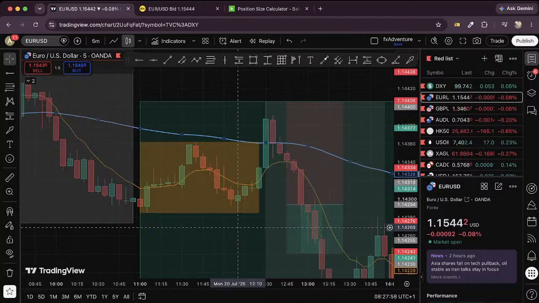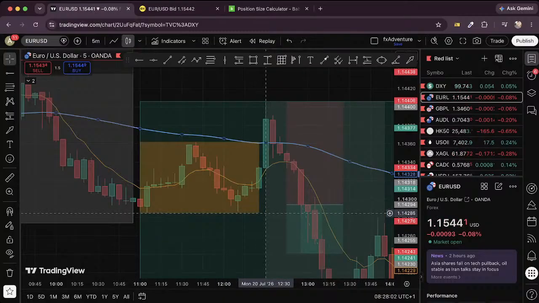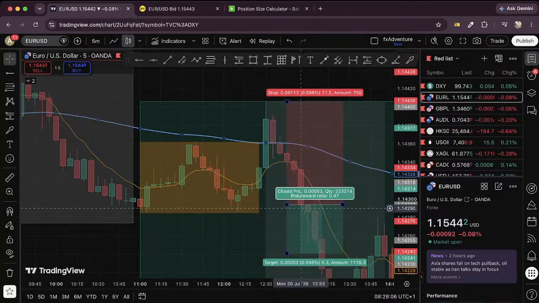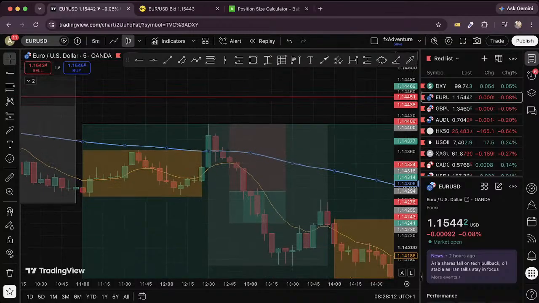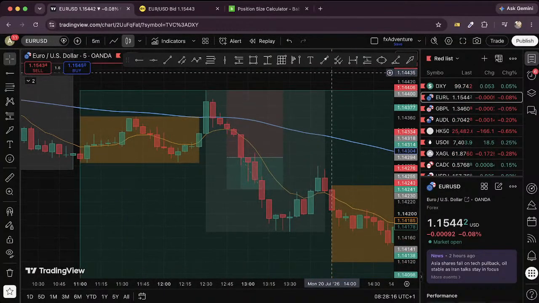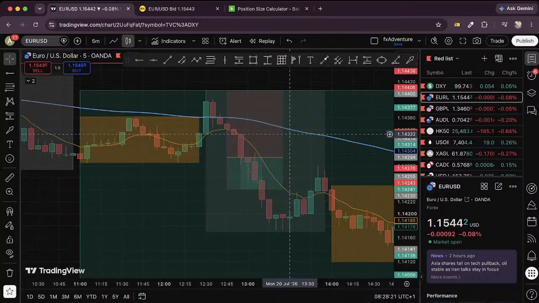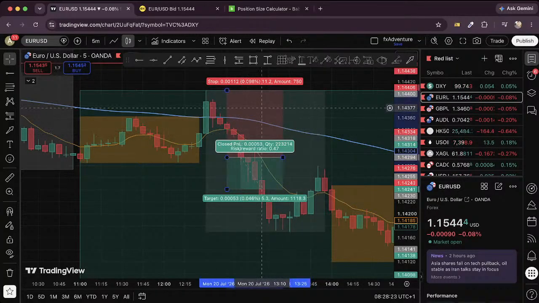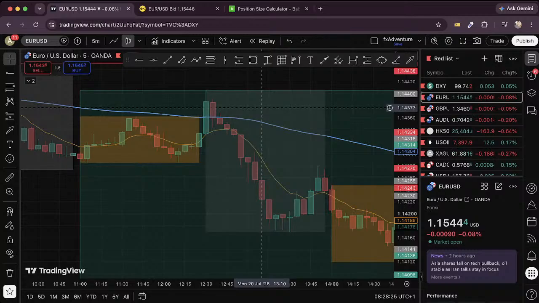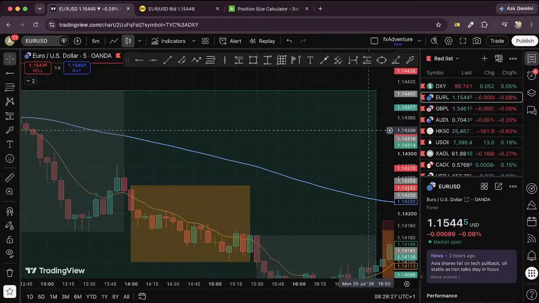If the 100 EMA is not in front of it and we are up on the accumulation, we have the confirmation for closing below the 9 EMA. So for me it doesn't make sense to enter it because we are up. But if you say you want to force the trade, you can enter it there and use this as a stop loss. For the sake of simplicity, leave it alone. Hopefully we go up.